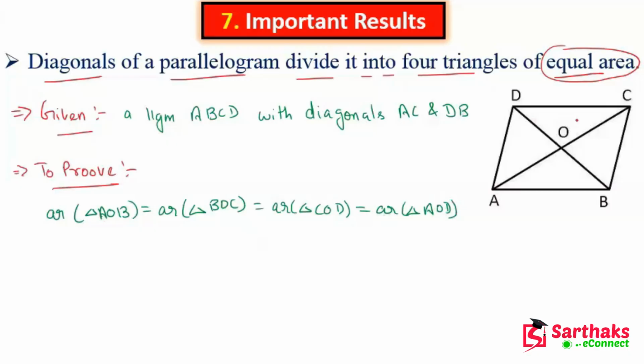It means the area of this triangle, this triangle, and this triangle are all equal: 1, 2, 3 and 4. So we have four triangles of equal area. I hope you understand these things, my dear friends.